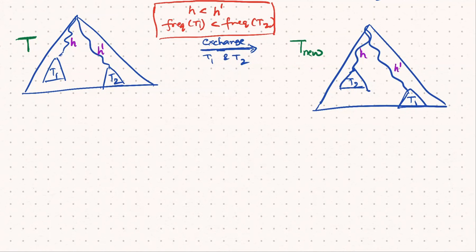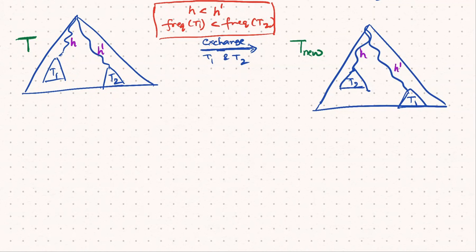And we have these conditions here that h is less than h prime. So over here, T2 is lower, and the frequency of T2, which we defined earlier, is greater than the frequency of T1. Everything else in the tree remains the same. It's only these two subtrees that we are exchanging.